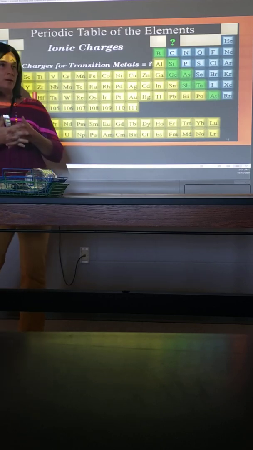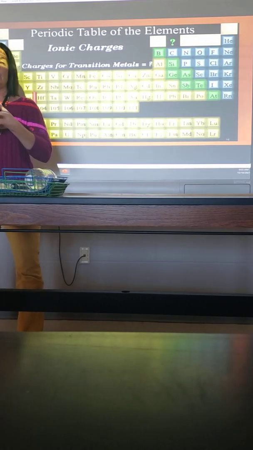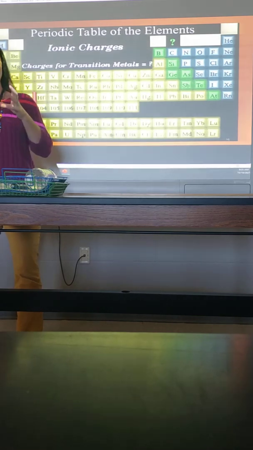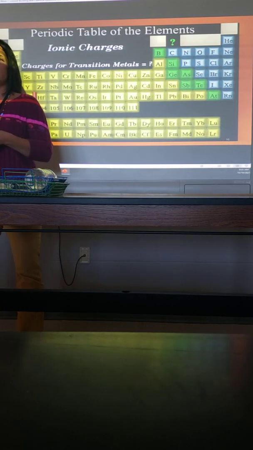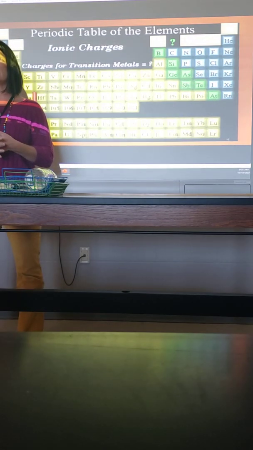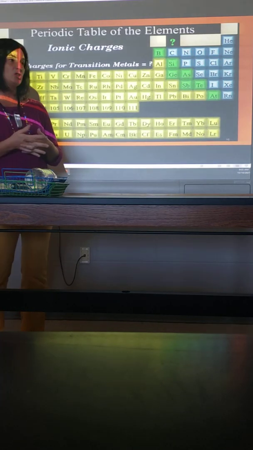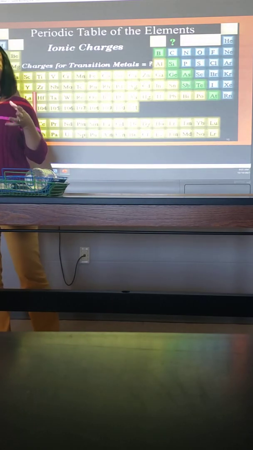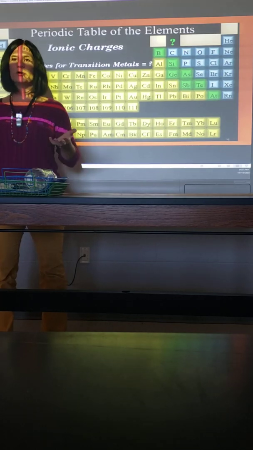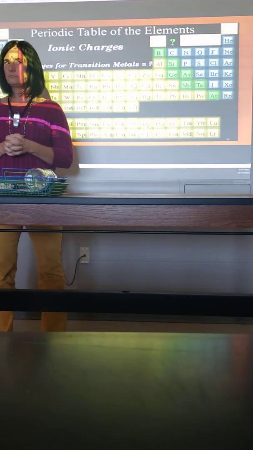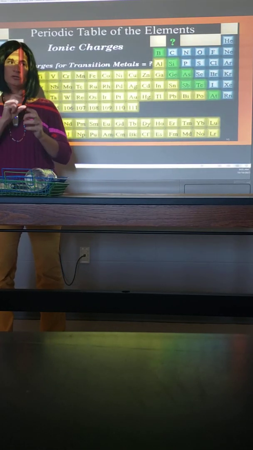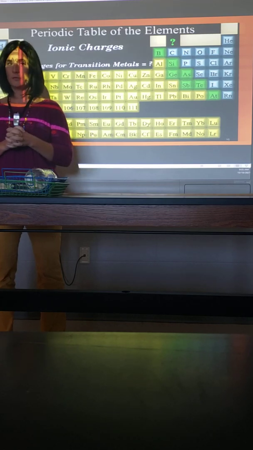And remember, that number is set and it has to stay that number, or else it changes what you're dealing with. So for example, if you have water, which is H2O, that's the go-to formula because we're all familiar with that. Capital H, little 2, big O. Can you picture that in your mind?